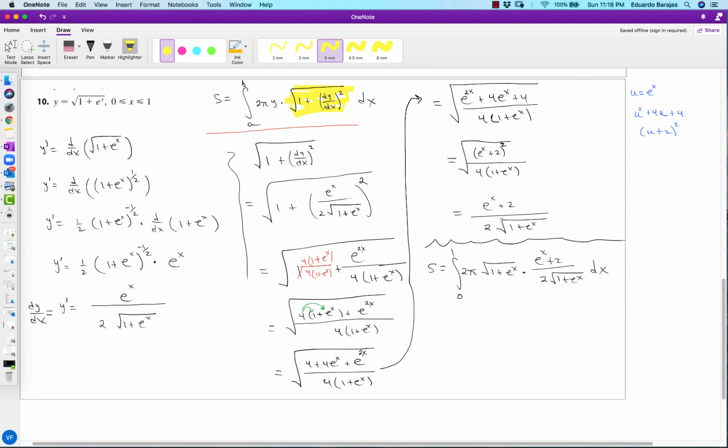Right? So this whole thing here was that. We first found the derivative, squared it, added 1, took the square root, and that's how we got that whole thing.